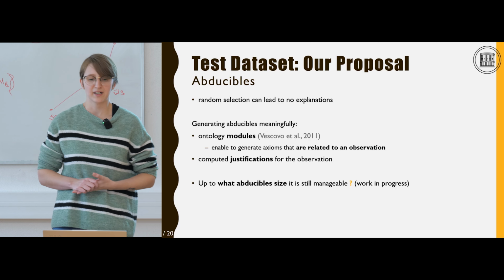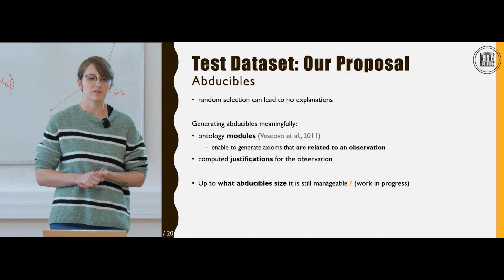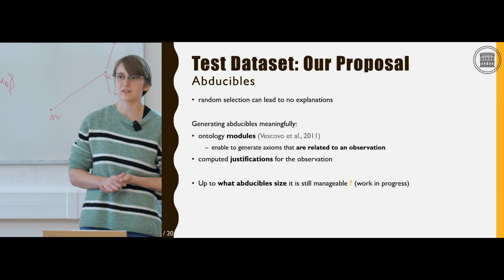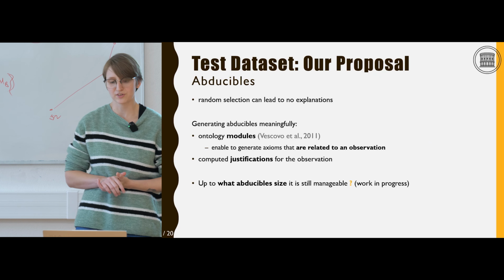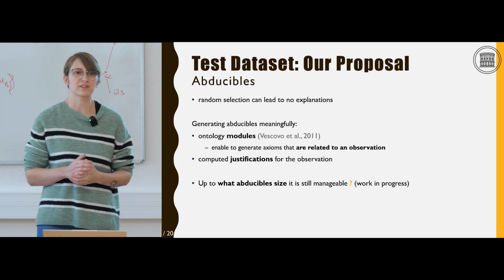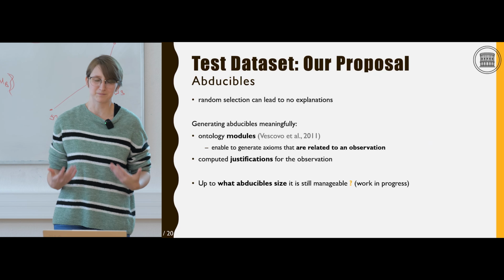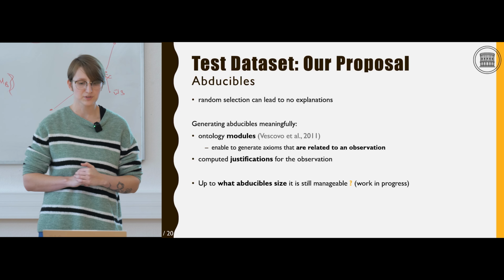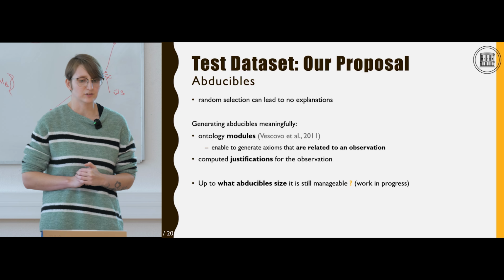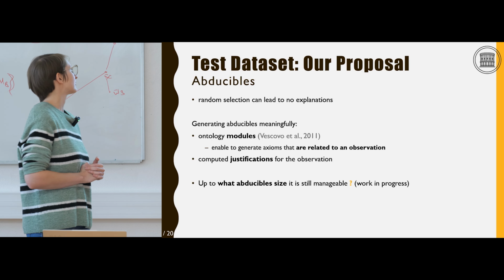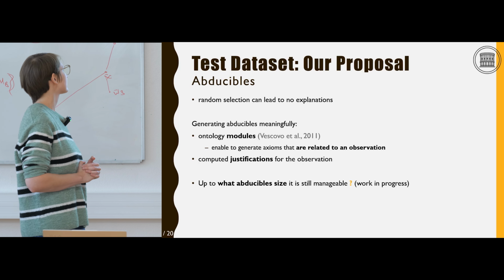And for the last part, abducibles, we already know that random selection can lead to no explanations, so we have to do it in a meaningful way. Some better approach should be used. And we have two key elements that we can use in this case.